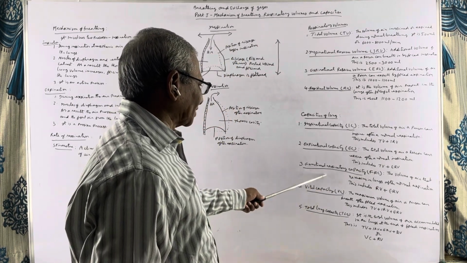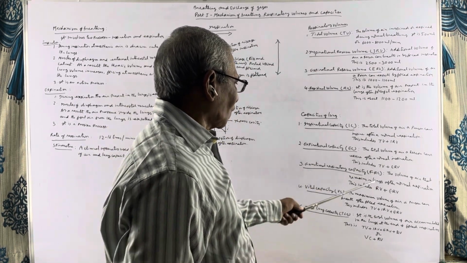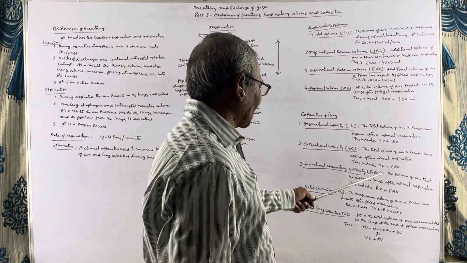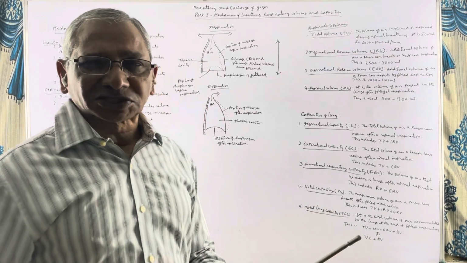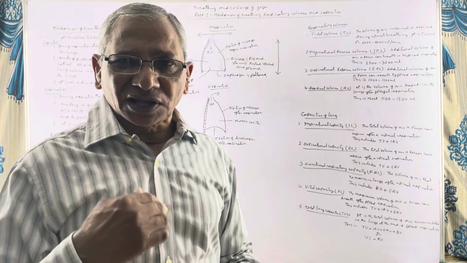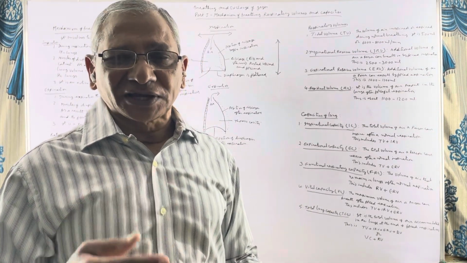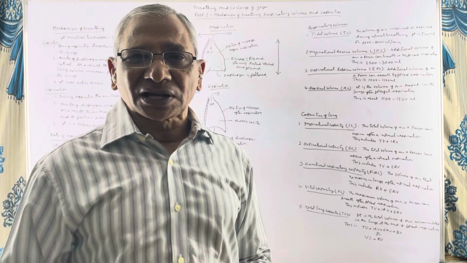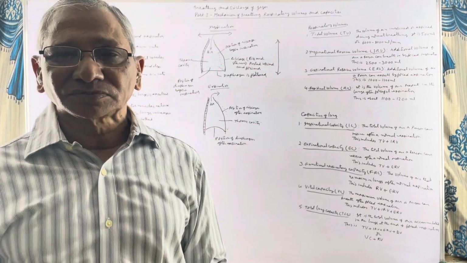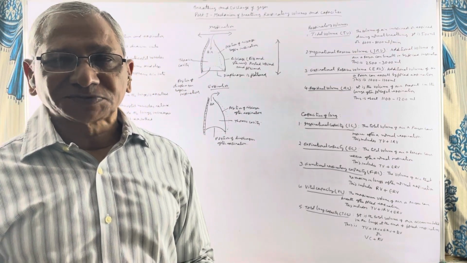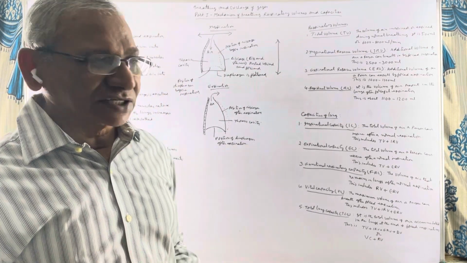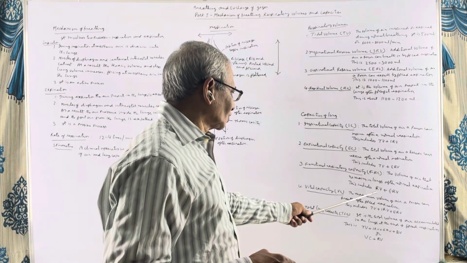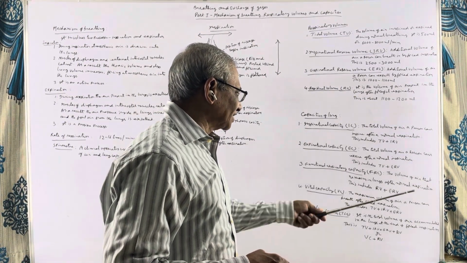Functional respiratory capacity. The volume of air that remains in the lungs after normal expiration. So during normal expiration, we take in 500 ml of air and expel 500 ml of air. So how much air remains in the lungs after normal expiration? If we expel 500 ml through normal expiration, the air remaining in the lungs is equal to RV plus ERV.